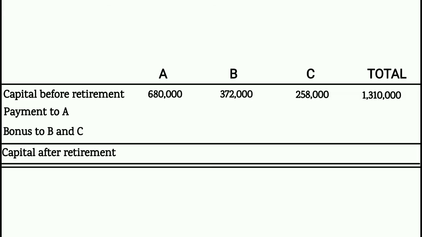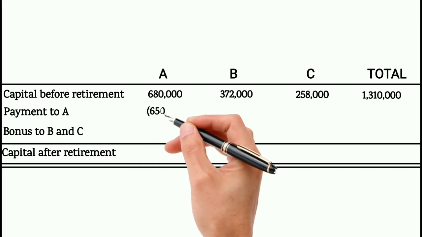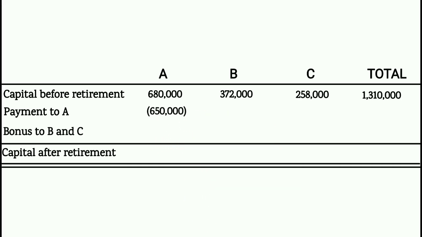Since the partnership pays partner A 650,000 pesos for his capital, i-deduct natin yung 650,000 pesos sa capital ni A, and at the same time, i-deduct natin yung 650,000 pesos sa total partnership capital.